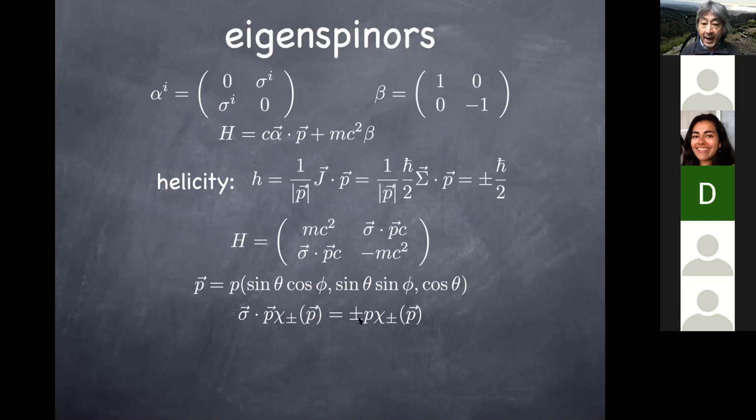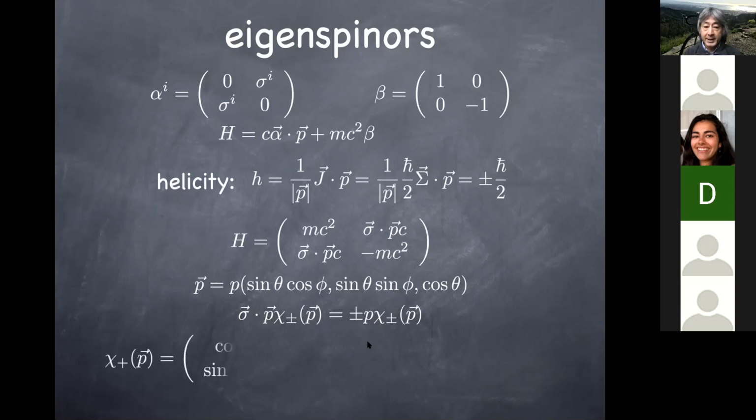And the eigenvalue is plus or minus p. That's because if you square sigma dot p, again using the anti-commutation relation among Pauli matrices we talked about, the two p's commute so the commutator piece vanishes, and sigma dot p squared is nothing but p squared, the magnitude of momentum squared. Then sigma dot p is the square root of that, so you can have two eigenvalues of plus or minus the magnitude of the momentum vector.